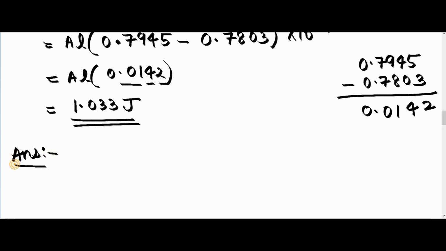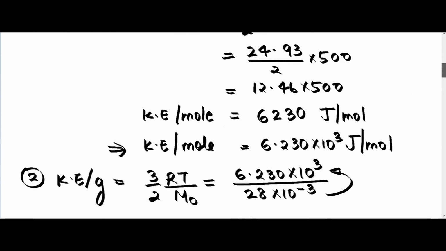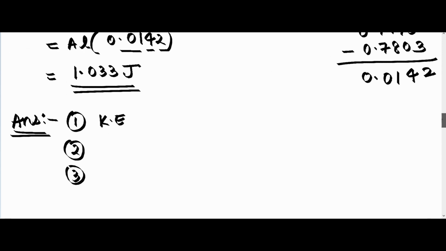So our answers are, first, kinetic energy per mole will be 6.230 into 10 raised to 3 joule per mole.